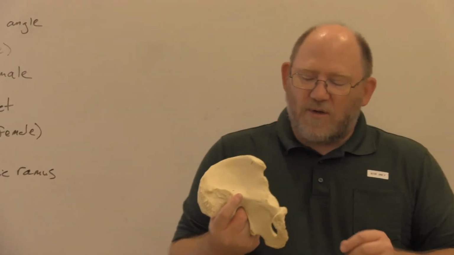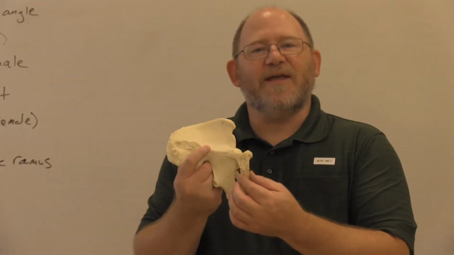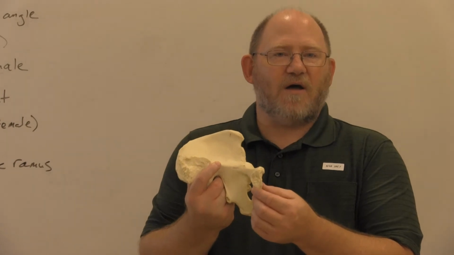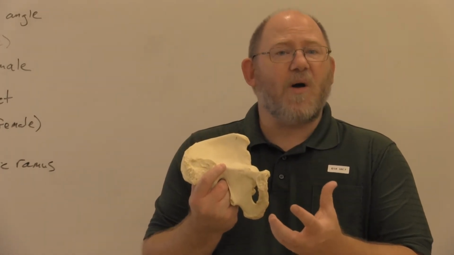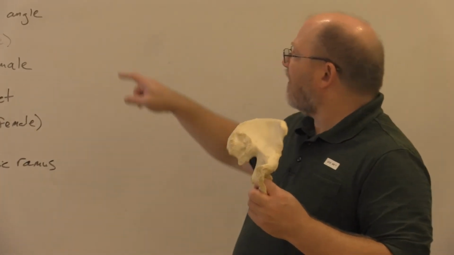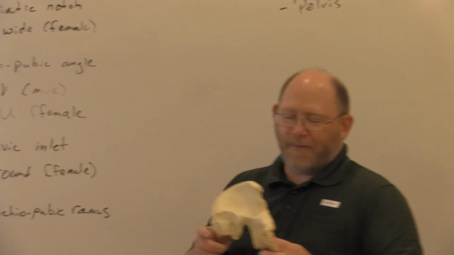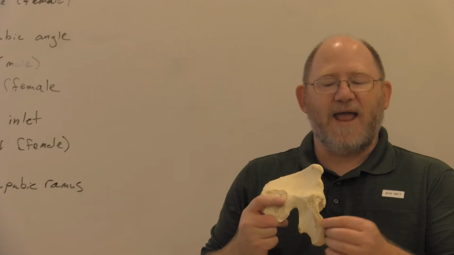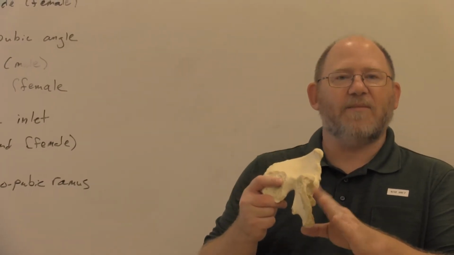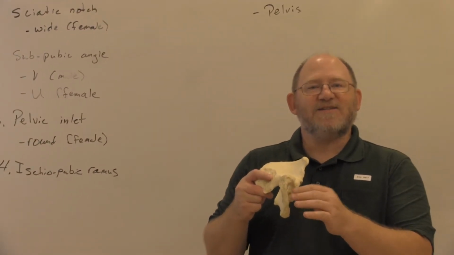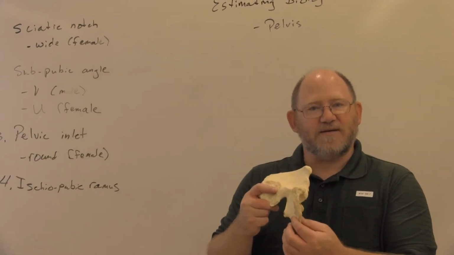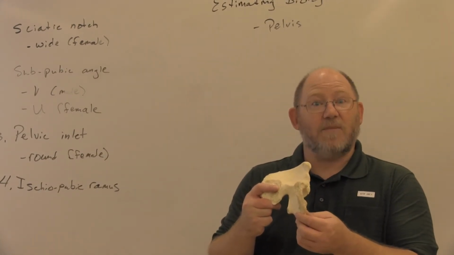And so what we will pay attention to on the ischiopubic ramus is the shape of the bone. So with the subpubic angle, with the more straight or sort of V-shaped angle, the ischiopubic ramus in the male is going to be consistently the same throughout the entirety of the ramus.